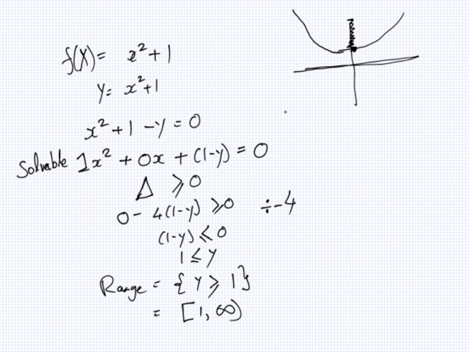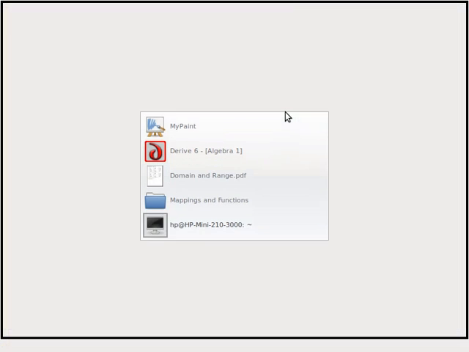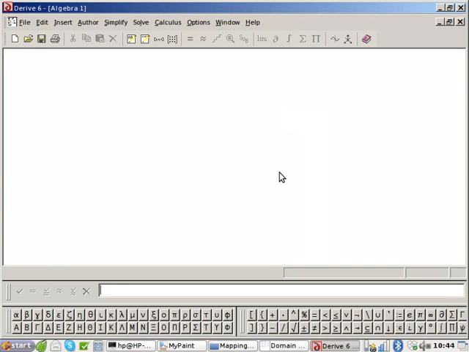Where is the graph? What do you mean, where's the graph? I'm waiting for the program to load.